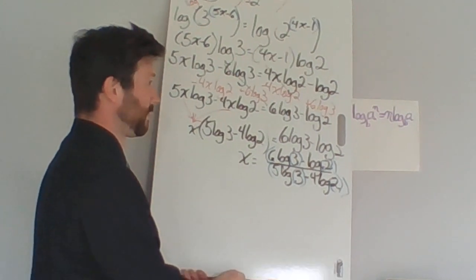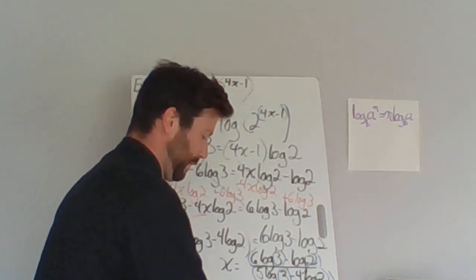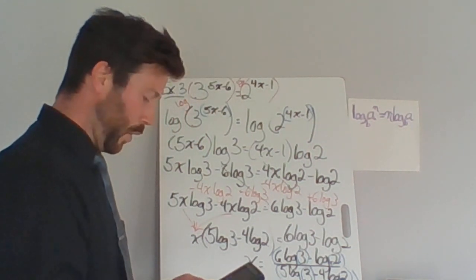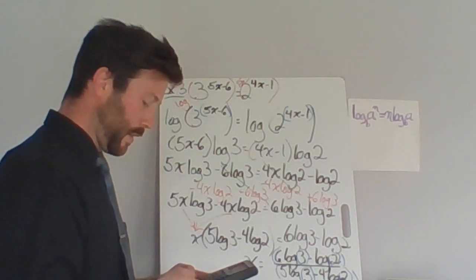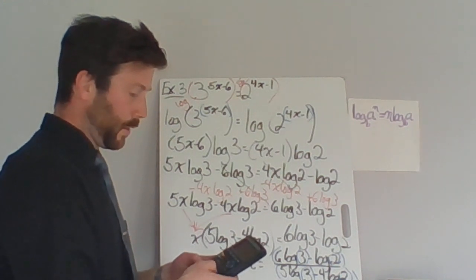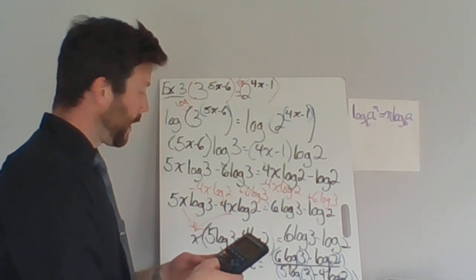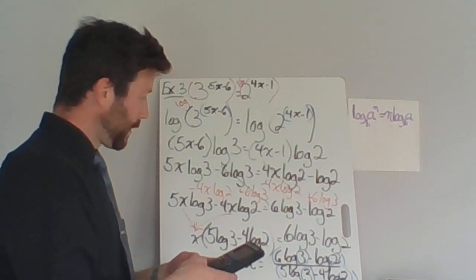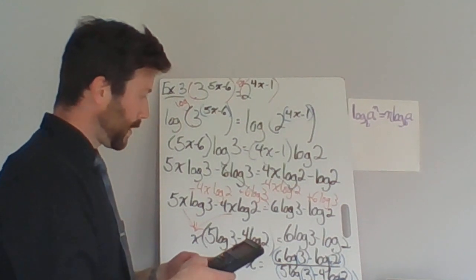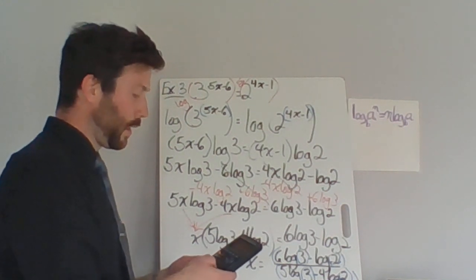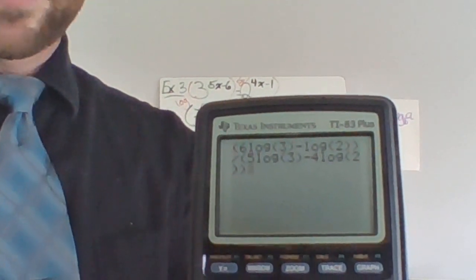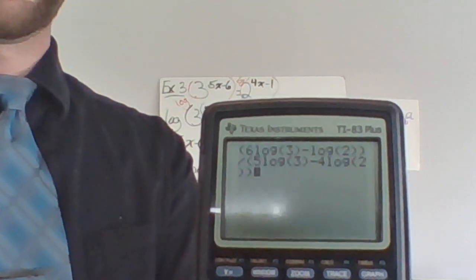So open parentheses, 6 log 3, close parentheses, minus log 2, close, close, divided by, open, 5 times the log of 3, close parentheses, minus 4 times the log of 2, close, close. All right. So this is the whole big mess that you need to type into that calculator so that you can get the correct answer.